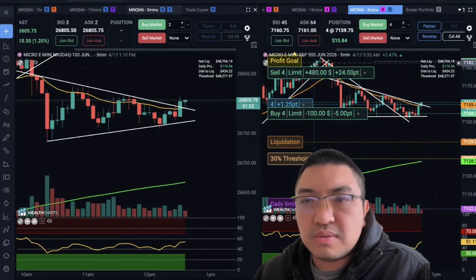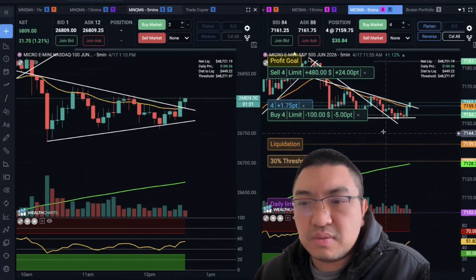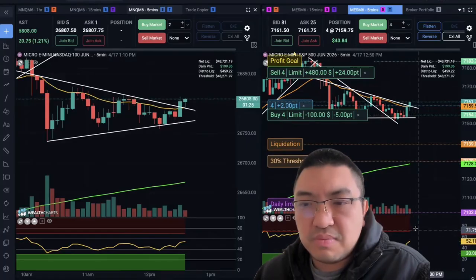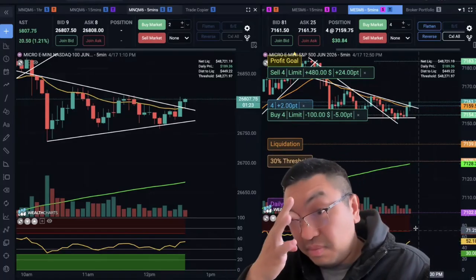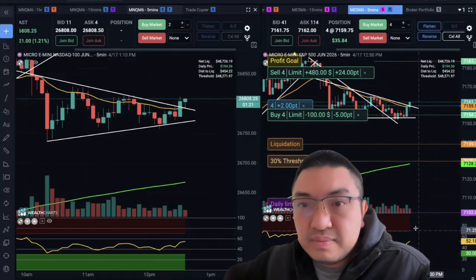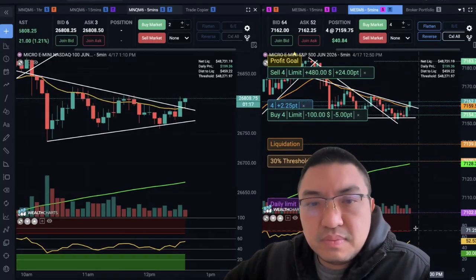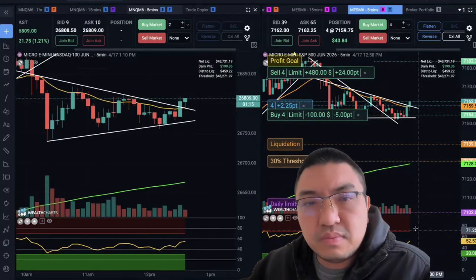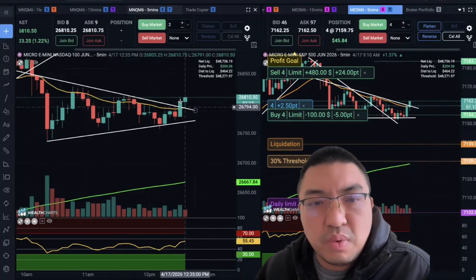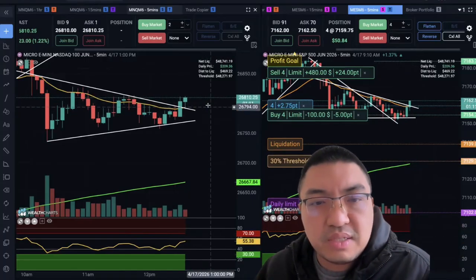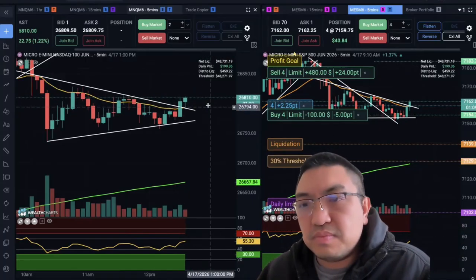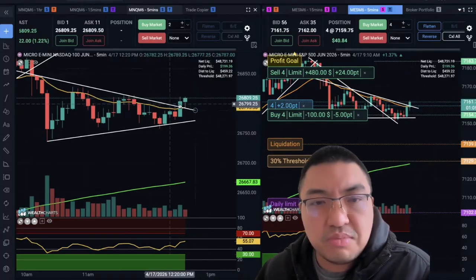So previous high, something around here. Considering the RSI, it has a lot of space to go up. Even for NQ, if I wait for the breakout, I can set it here.